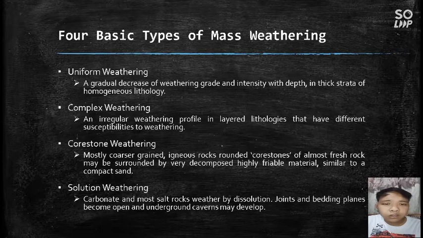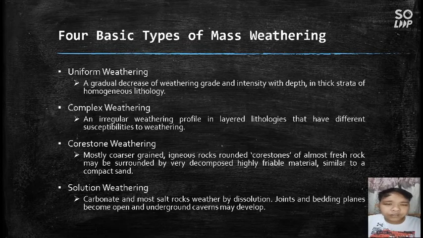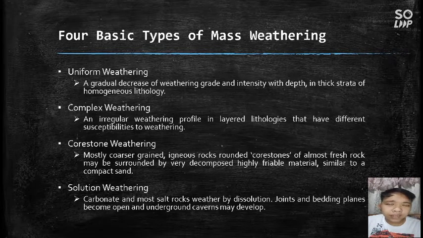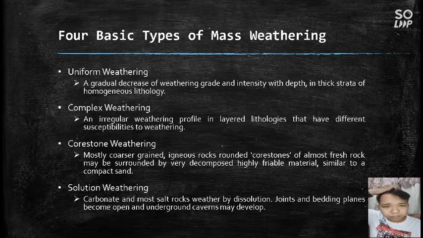To be simple, uniform weathering is the weathering of a certain part of land that has the same characteristics of weathering in a place.